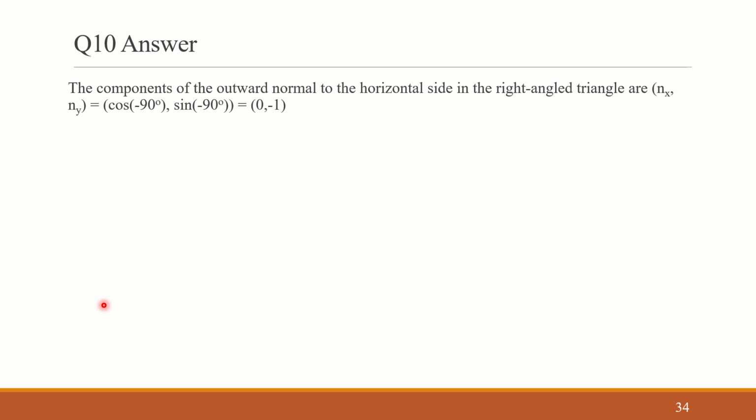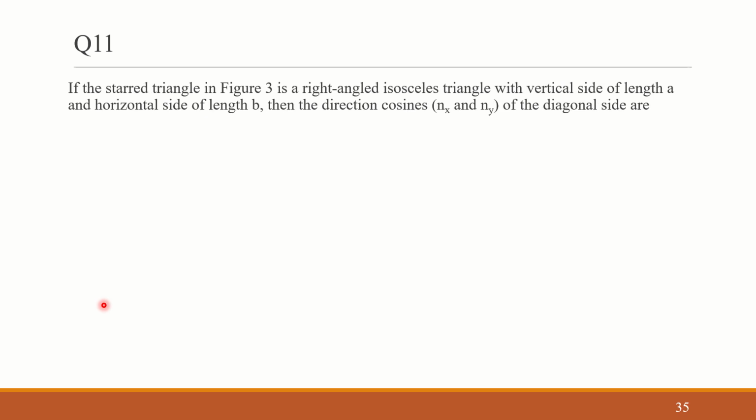So now we will go to question 11. If the starred triangle in figure 3 is the right angled isosceles triangle with vertical side of length A and horizontal side of length B, then the direction cosines nx and ny of the diagonal side are dash.